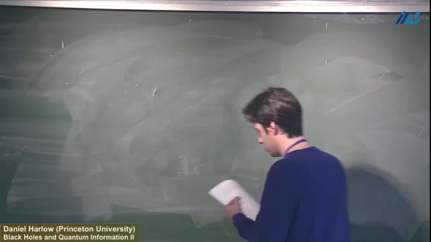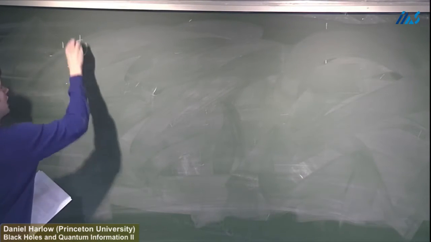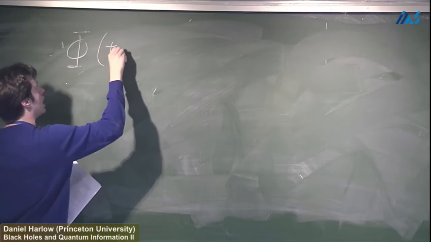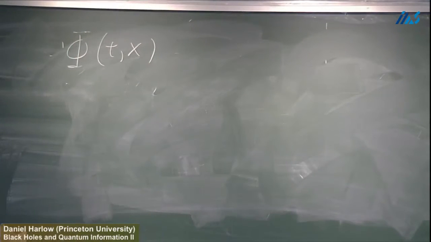Okay, so now in free quantum field theory, as we discussed yesterday, the thing that you want to do is take your phi operator, which now I'll put the time dependence in too, which means I took the one without the time dependence and went to the Heisenberg picture.